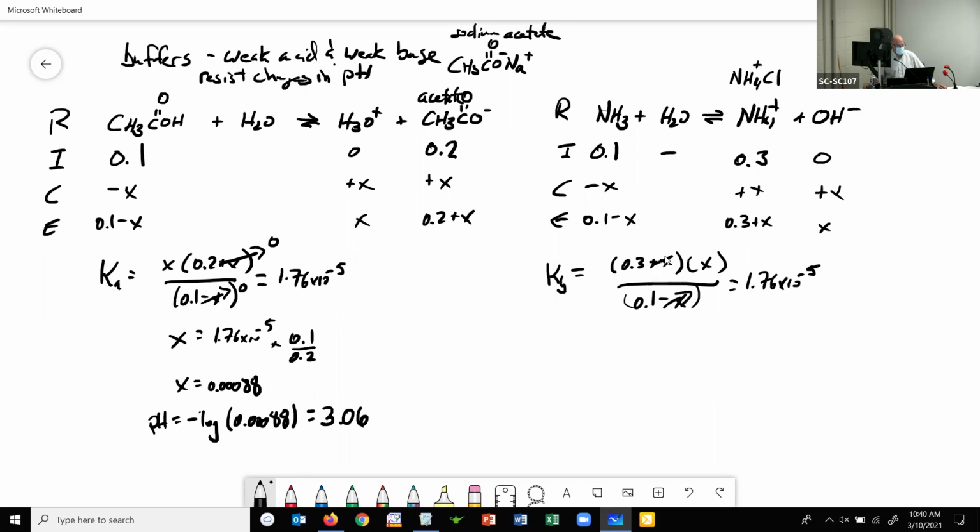Addition and subtraction terms go to 0 because the K is much smaller than the concentrations involved. So X equals 1.76 times 10 to the -5 times 0.1 divided by 0.3, which is 1/3. 1.76 times 10 to the -5 divided by 3.